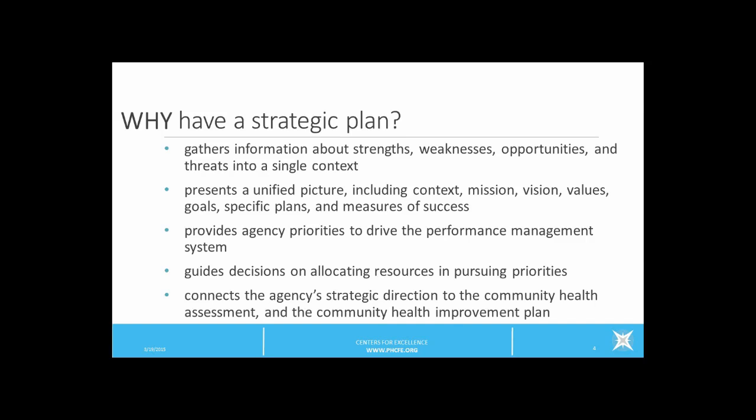Your plan's priorities drive the whole performance management system. Those priorities also guide specific decisions about allocating resources, and it connects the agency's direction to the community health assessment and the community health improvement plan.